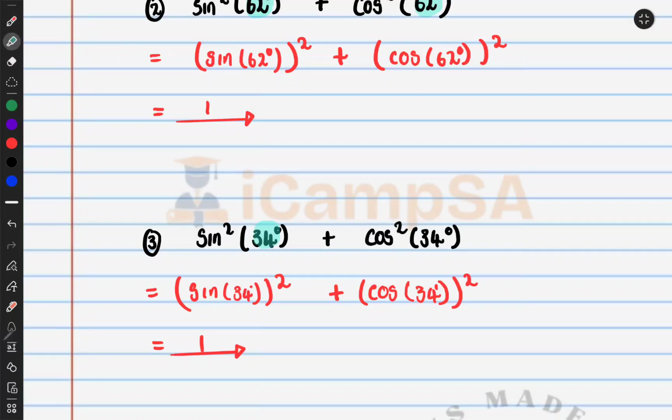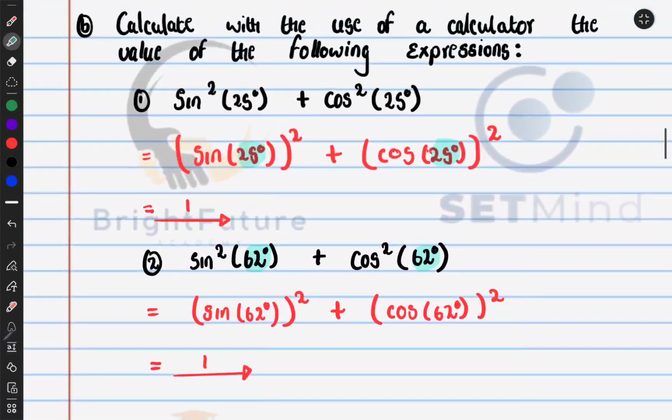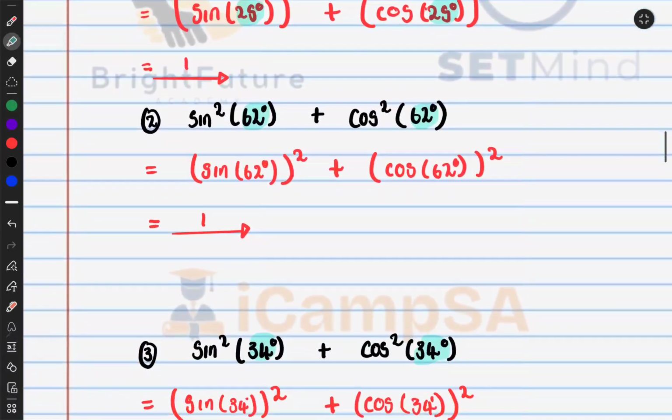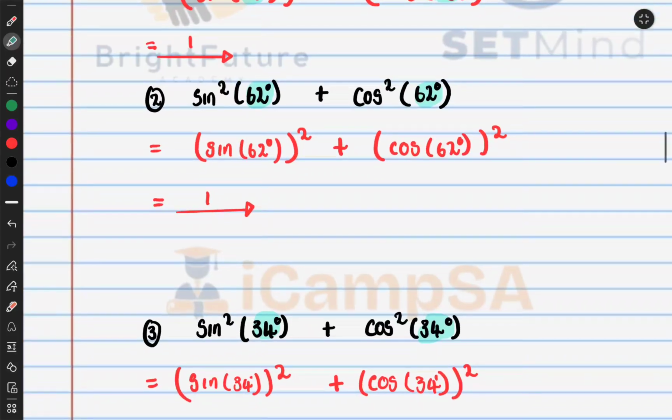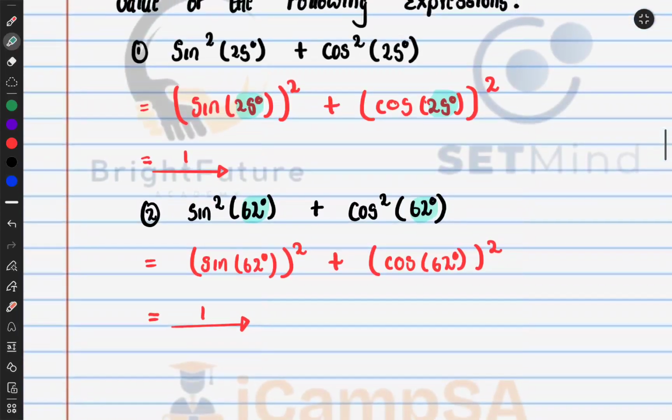I want you to pay attention to something here. We are dealing with the same angles, so let's say sine squared theta plus cos squared theta. When we are dealing with the same angle, we are always getting the answer, which is 1.